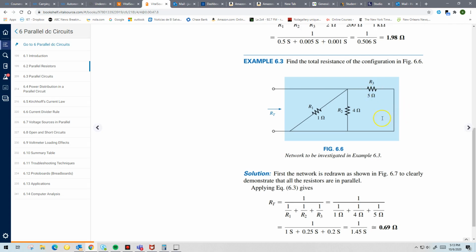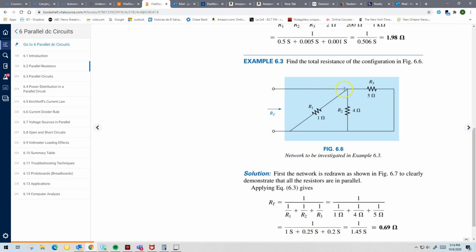If you start from the right, you will see that R3 is connected to R2, and is also connected to R3 at the bottom. And you notice that R1 is also connected to the same point.